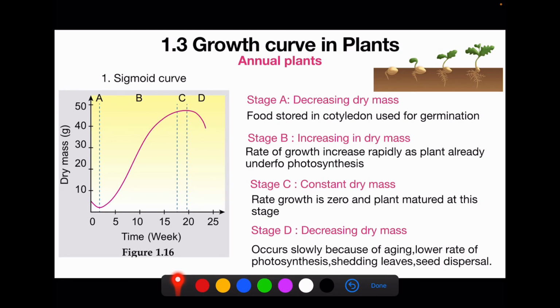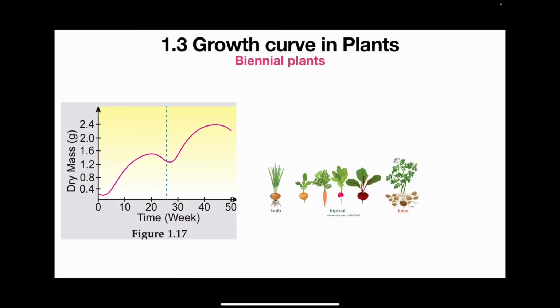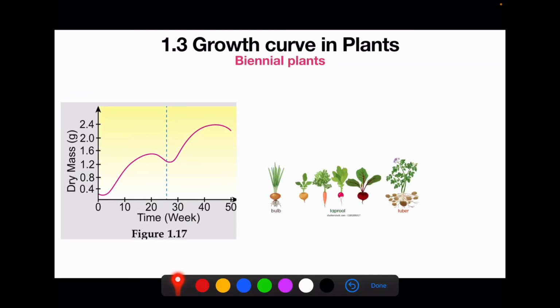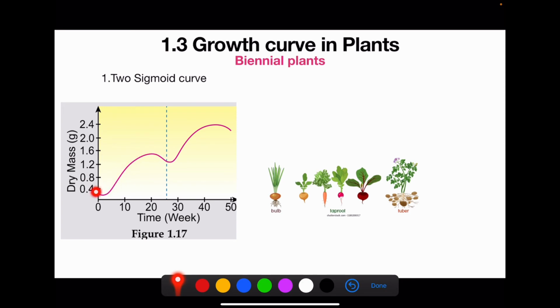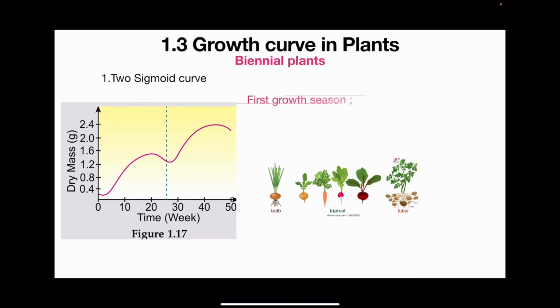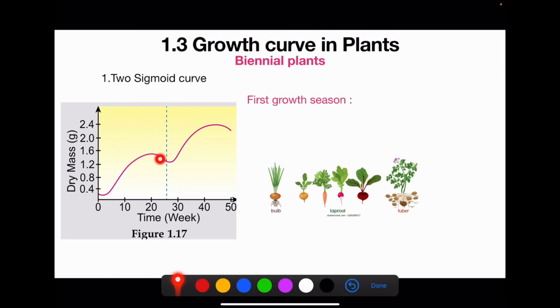Alright, and then we look at the biennial plant. It refers to the plant that undergoes 2 sigmoid curves.